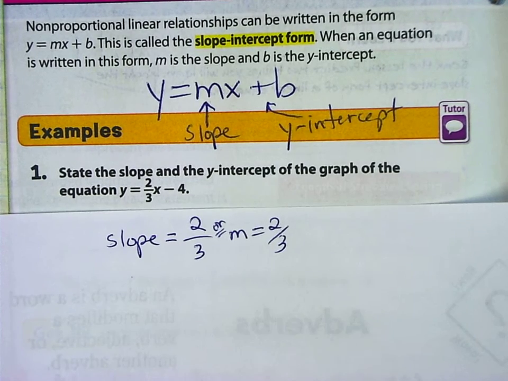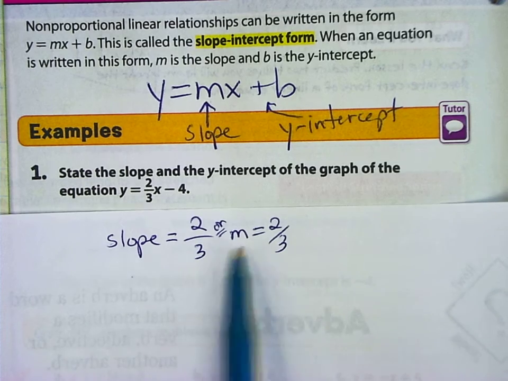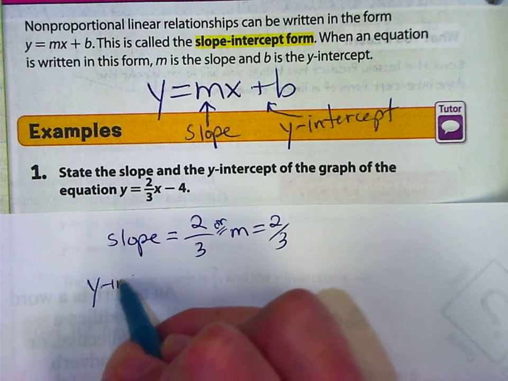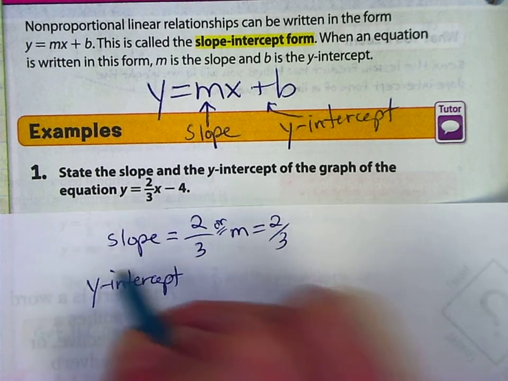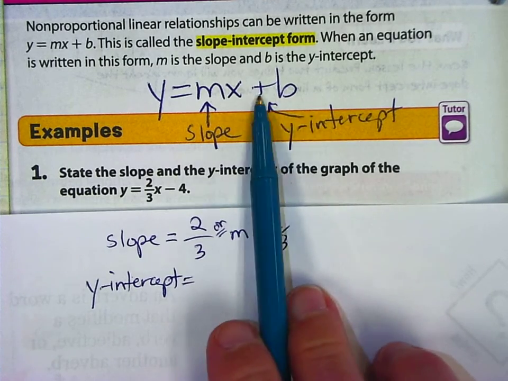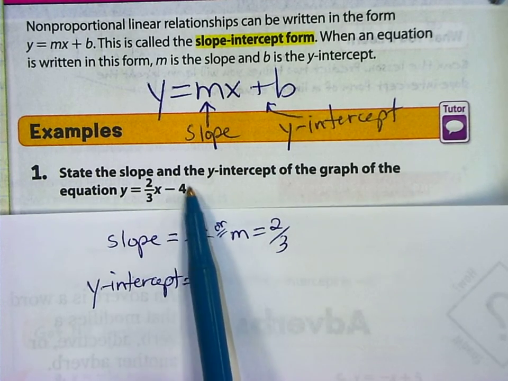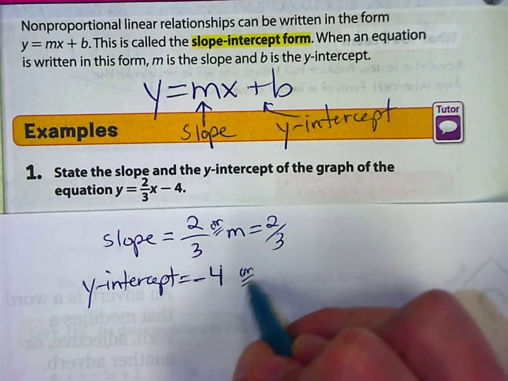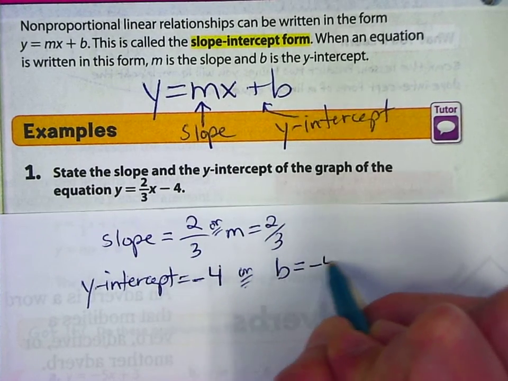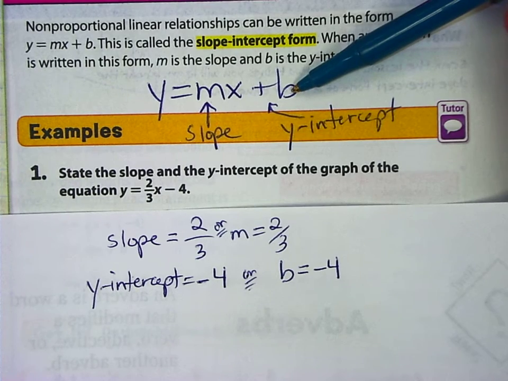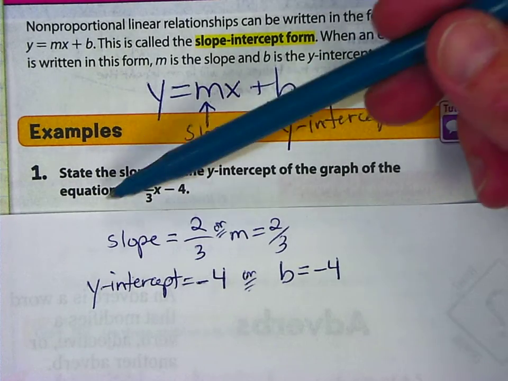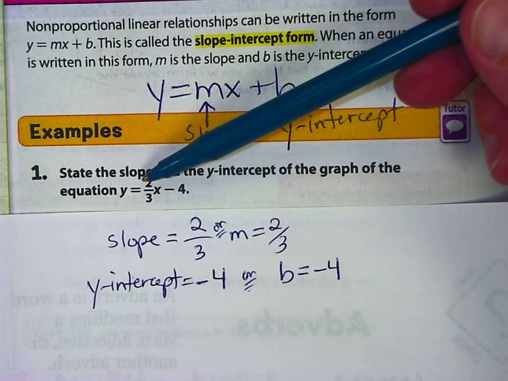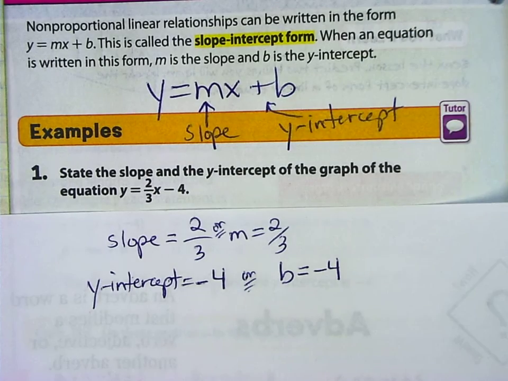I can state the slope this way or use m. And then the y-intercept is this number at the very end right here. So this is -4. So the y-intercept is -4, or I can say b equals -4 because b represents your y-intercept. So again, as long as your equation is in slope-intercept form, you can state the slope and the y-intercept.